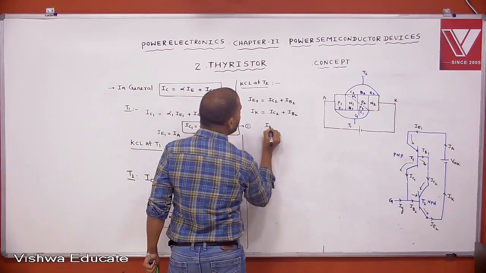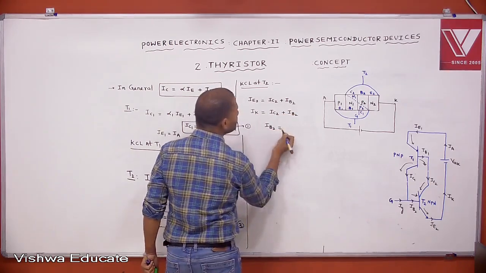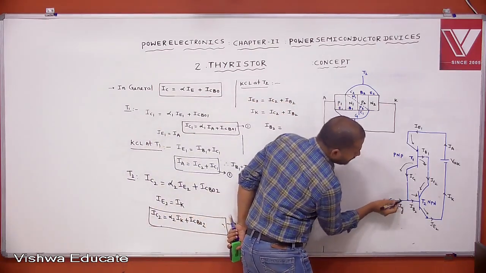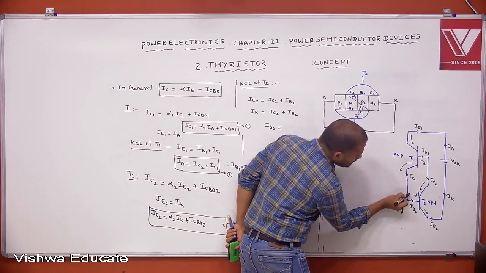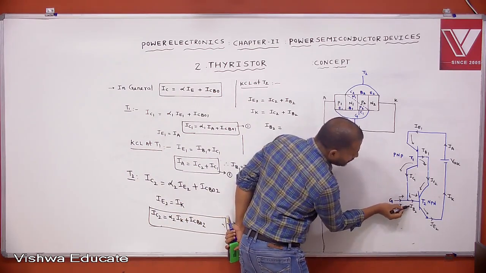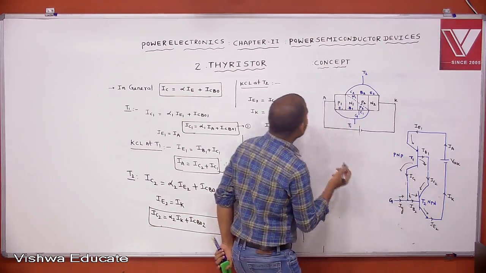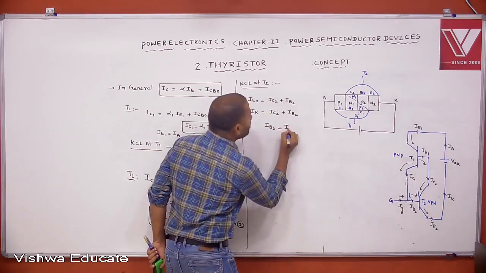But what is IB2, you tell me? IB2, at this point, this is an entering current, so IB2 equals IC1 plus IG.